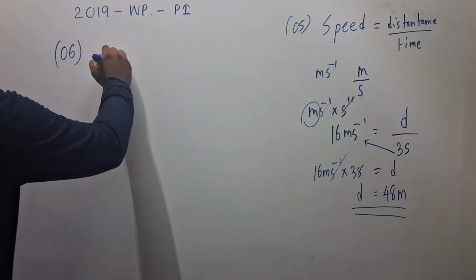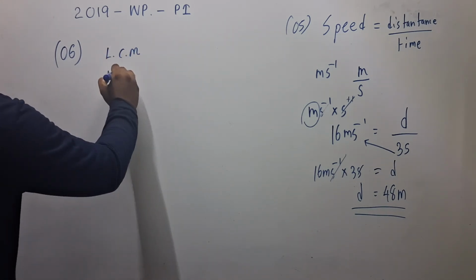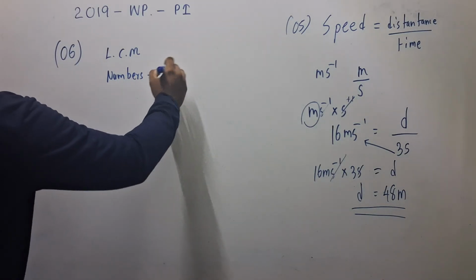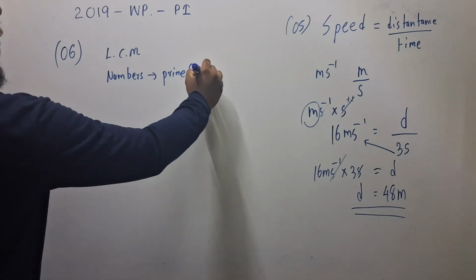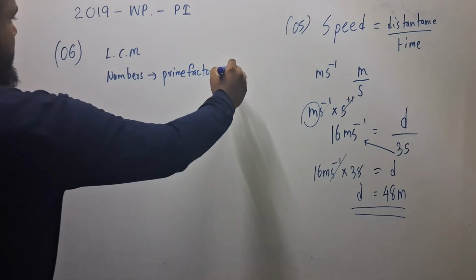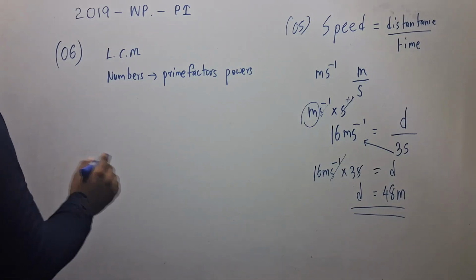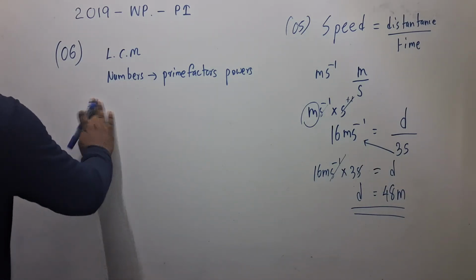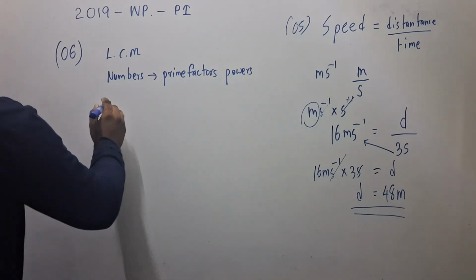When finding the least common multiple, numbers you have to write from prime factors with powers. Then what you have to do?